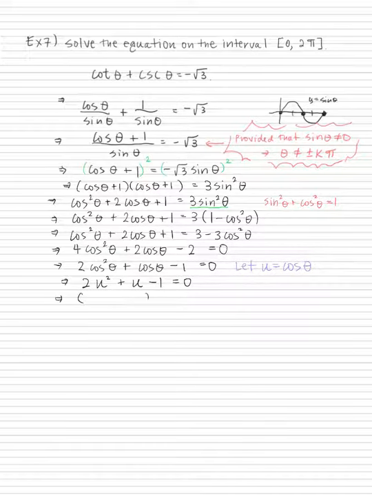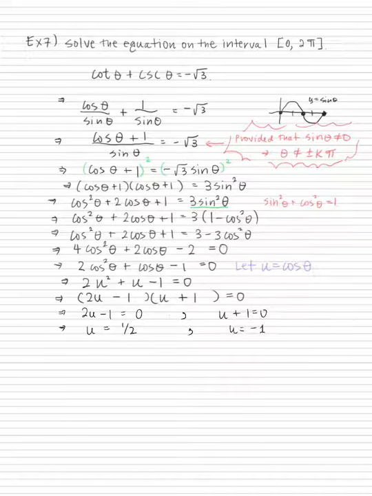We can factor this. Which one has to have a minus? I think this works. Does that work? This one. That works. Okay, so let's keep going. So this implies that either 2u minus 1 is 0 or u plus 1 is 0, which means that u is positive 1/2 or u is negative 1, but u was cosine of theta, so here you're going to have cosine of theta equals negative 1.